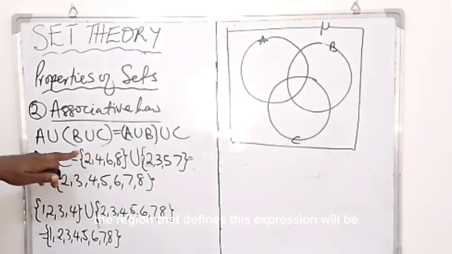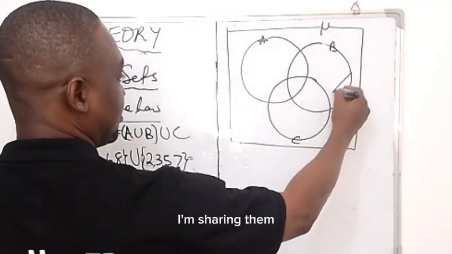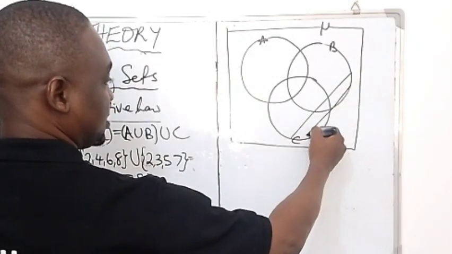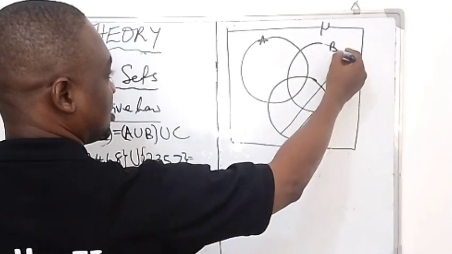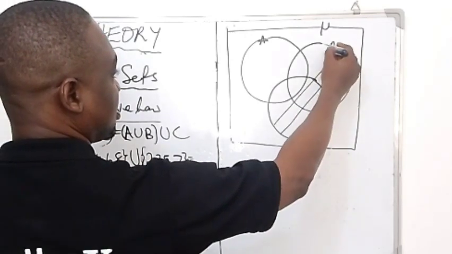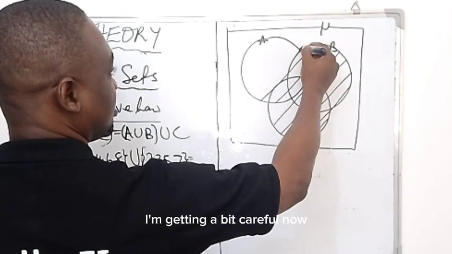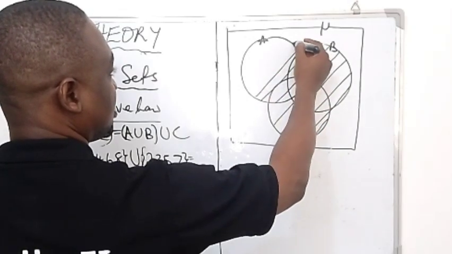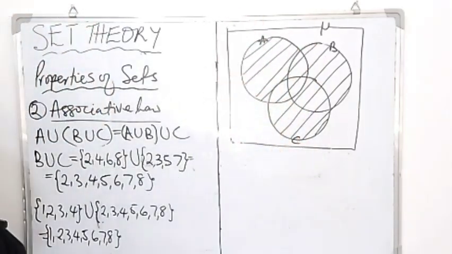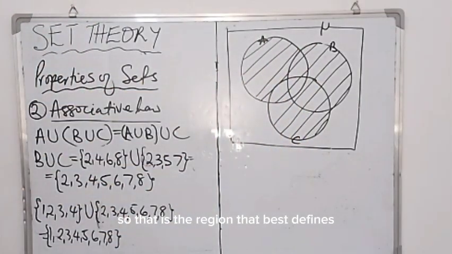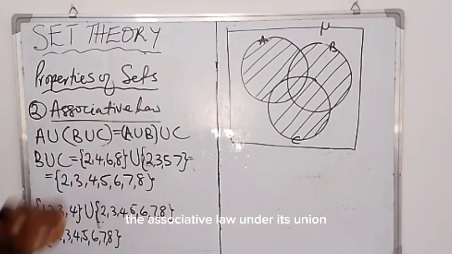The region that defines this expression will be, I'm shading them, in its union. I'm getting a bit careful now. So that is the region that best defines the associative law under its union.